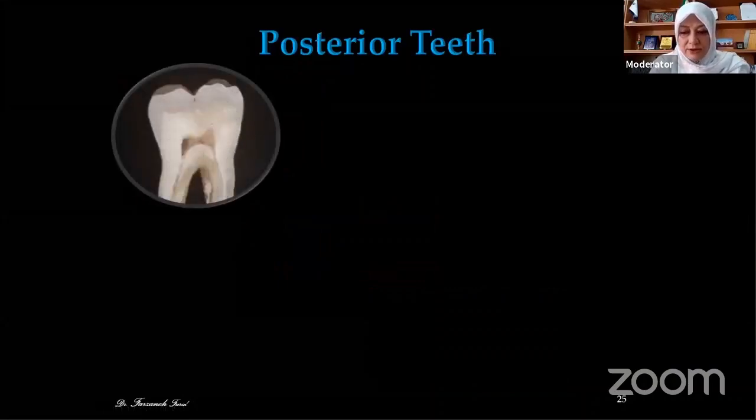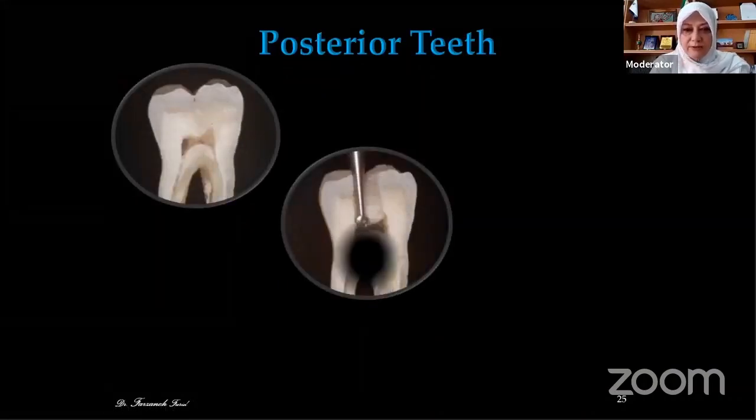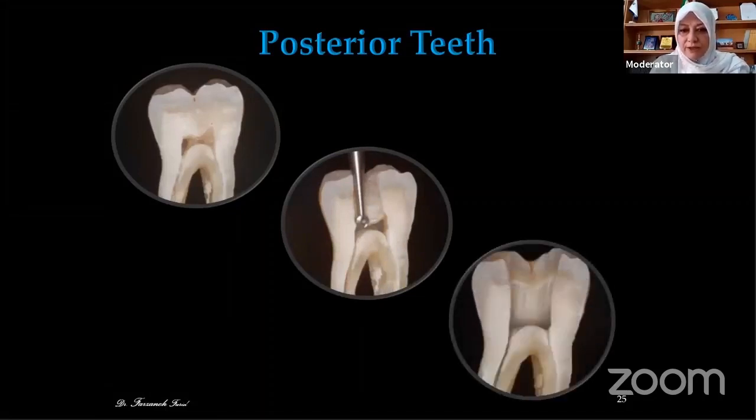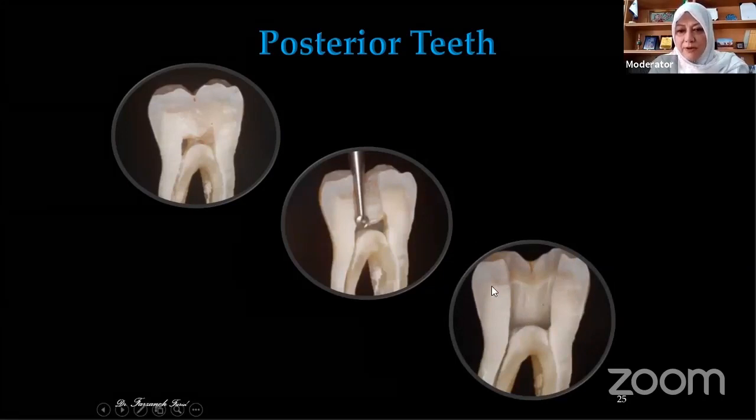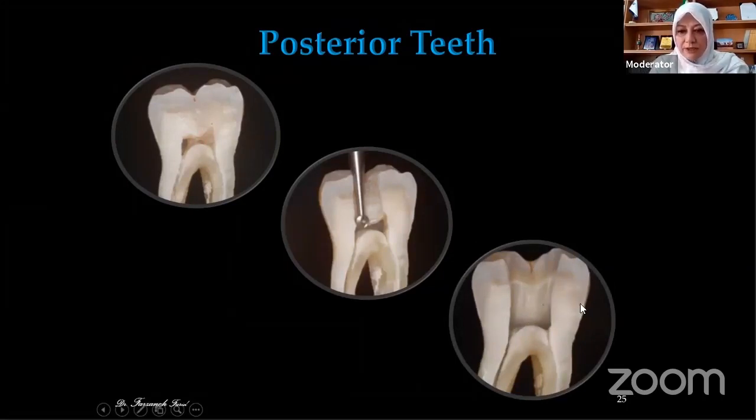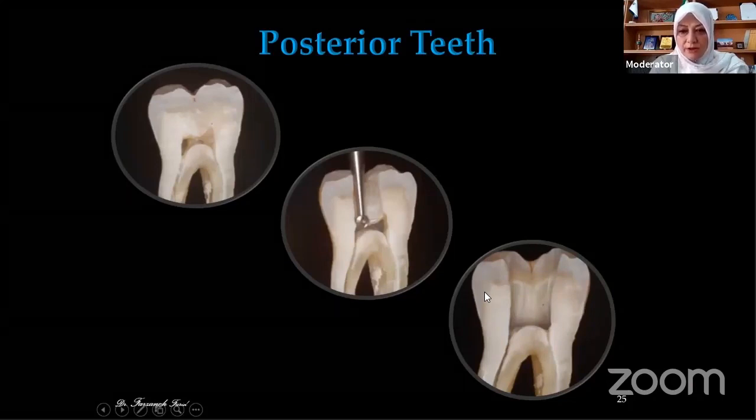For the posterior teeth, as you see, after preparation, we have lost the roof of the pulp chamber, so we have lost the integrity of the tooth. If the remaining part of the tooth is not strong enough, there is danger of fracture or splitting of the cusp because of the forces that are imposed on the tooth by opposing cusps.